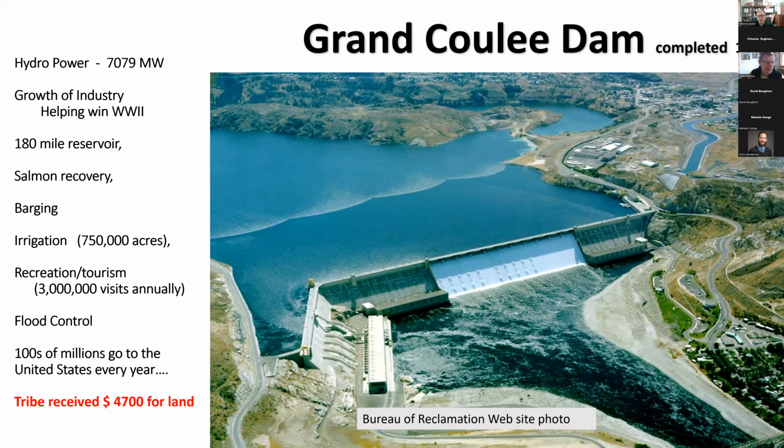Irrigation, 500 to 650,000 acres are now irrigated in the Columbia Basin, taken from behind Coulee Dam. You can actually see on the upper left of this photo, the water being sent to Banks Lake for water storage for all those crops. Tourism brings 3 to 4 million people to this river. Flood control. So all these benefits do come in because of Grand Coulee.